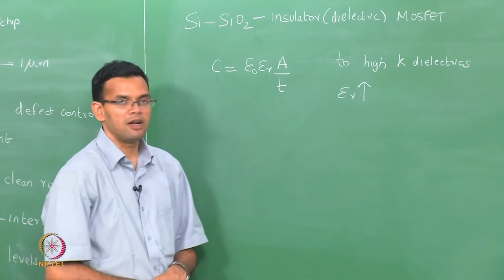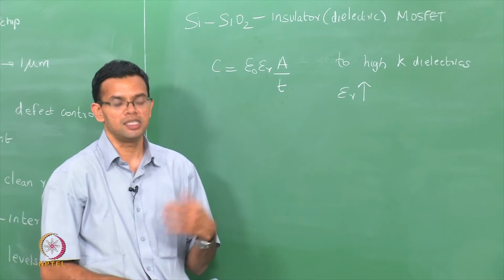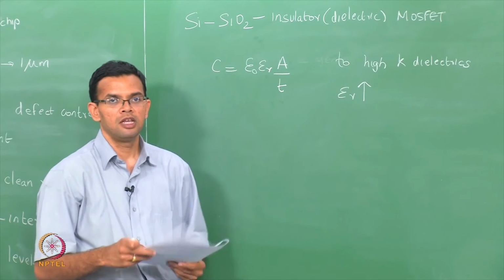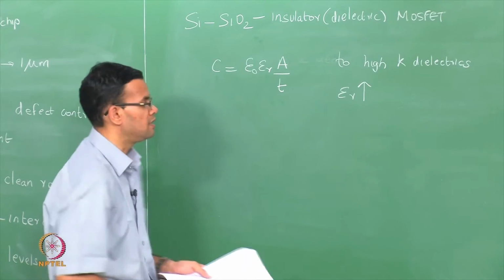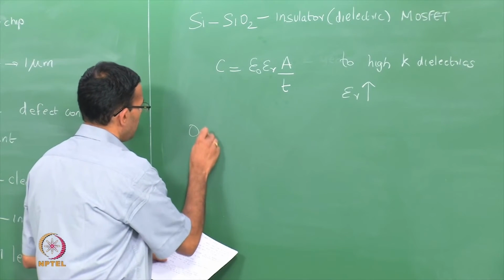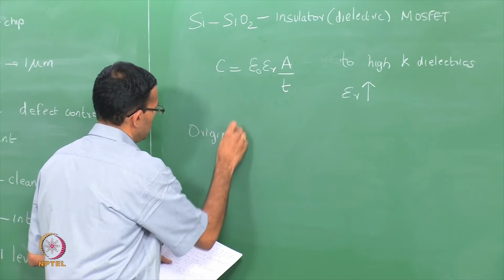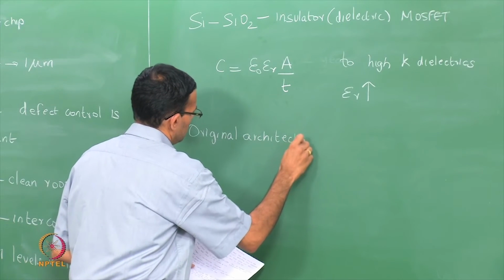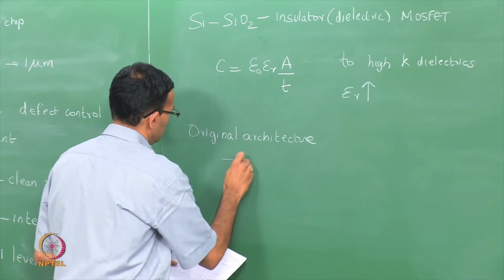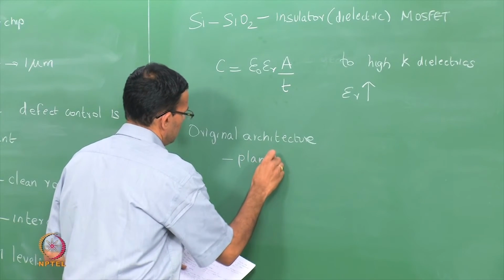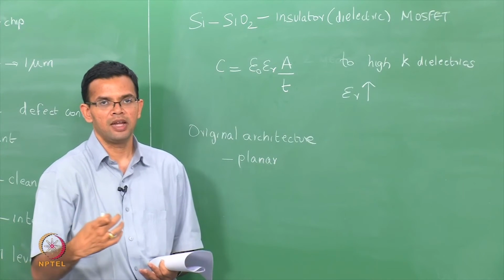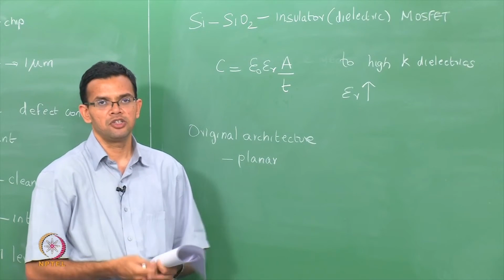You can also have advances in the case of the device design itself. For example, if you looked at the architecture of your transistor, the original architecture is planar. So, in this case you had a source and a drain and a gate region that defines your channel.